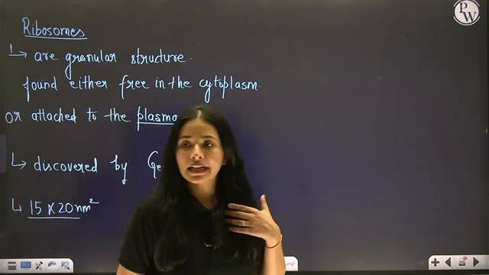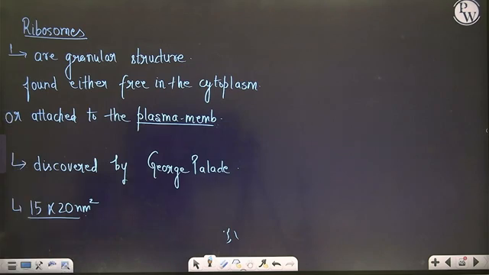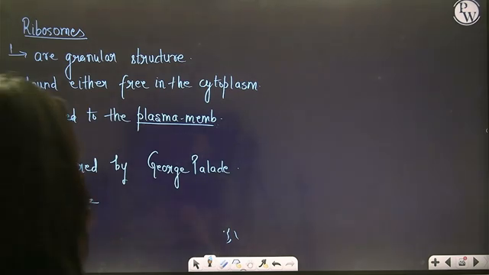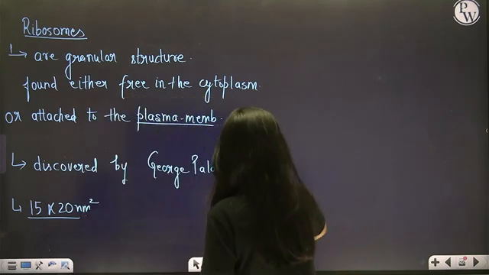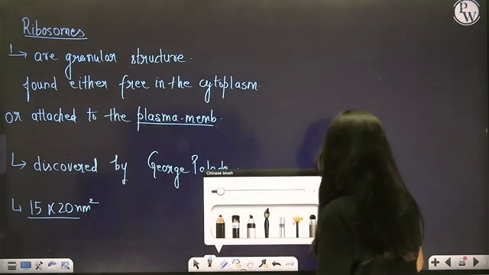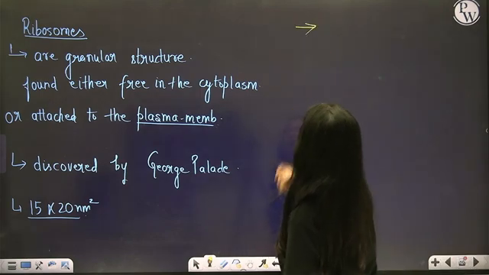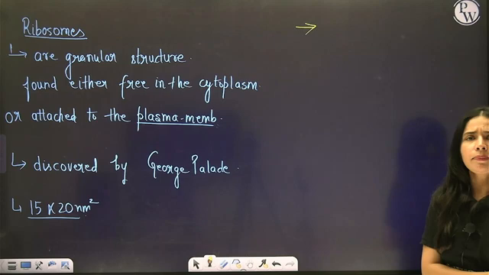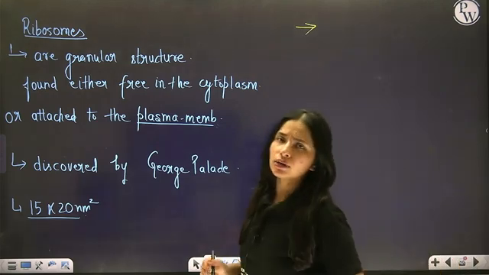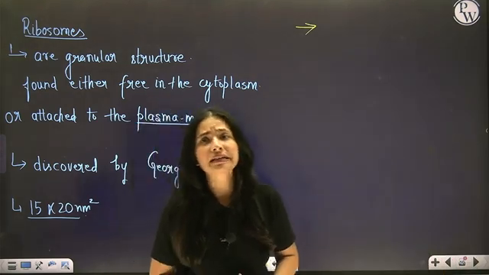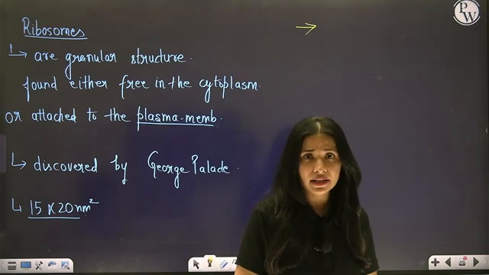Right? Clear? Understood, everyone? I just hope you all have understood this much very clearly. If yes, then let's continue further. Now, see beta, ribosomes are granular structure. They are found free in the cytoplasm or attached to the plasma membrane.